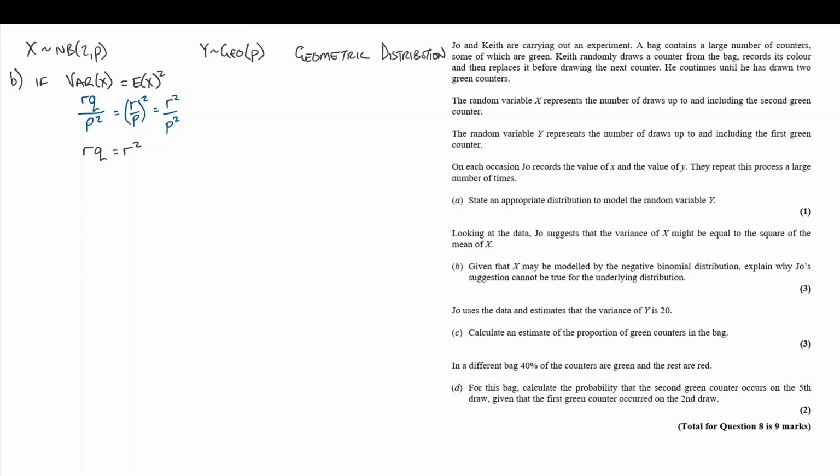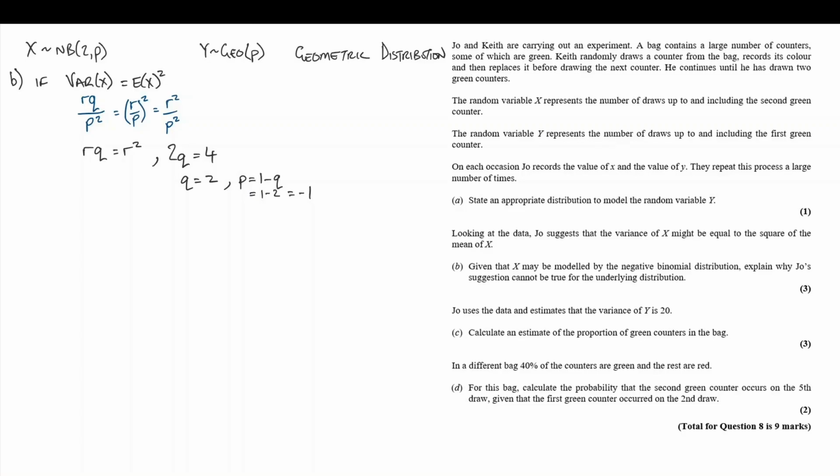Denominators are the same, so we're really saying rq equals r squared. If that's true, let's actually focus on this instance. We wanted 2 successes. So 2q is equal to 2 squared. So 2q equals 4. That means q must equal 2.